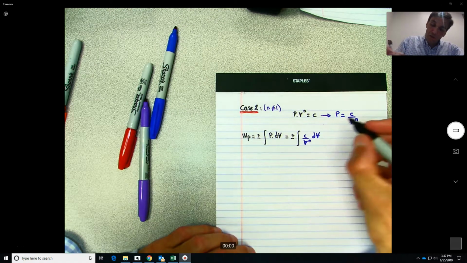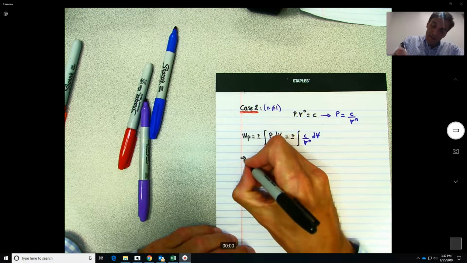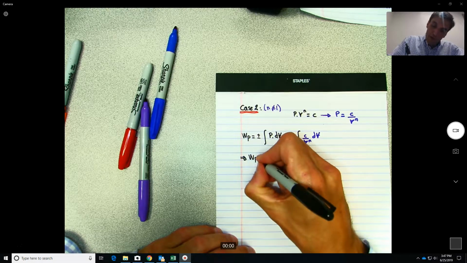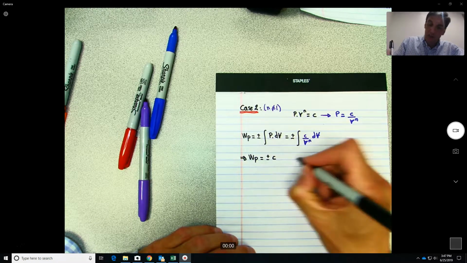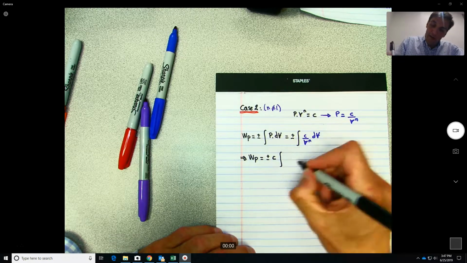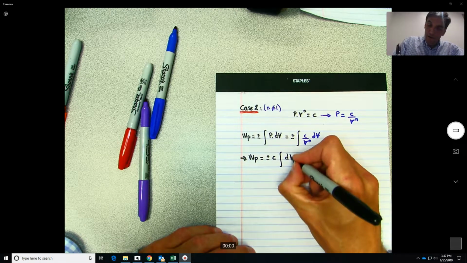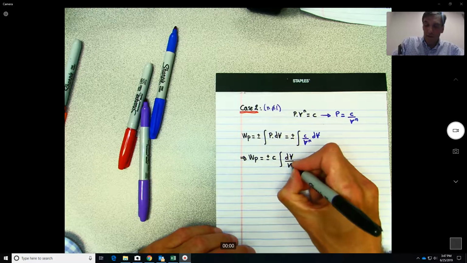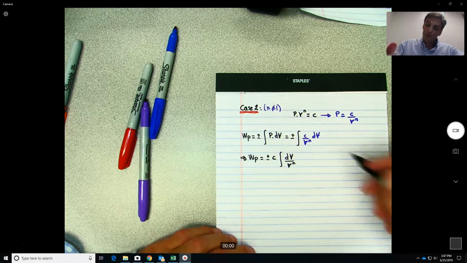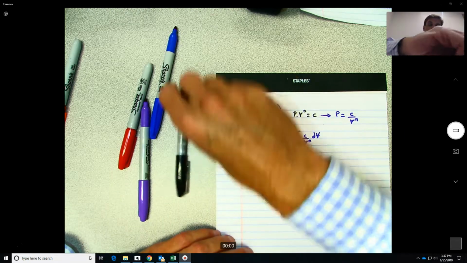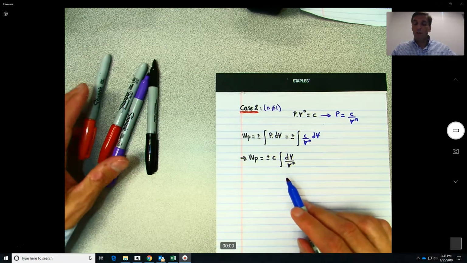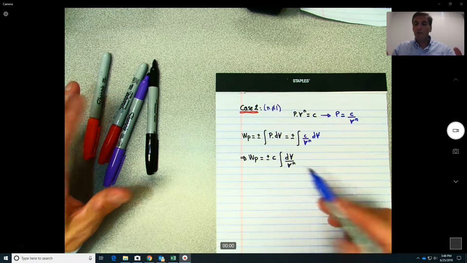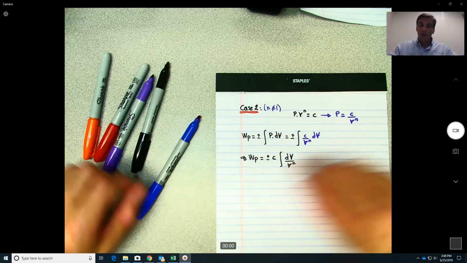Okay, so we can just rewrite this as work done by the pressure equal to plus minus C, I put it outside the integral sign, of dV over V^n. Okay, so over here, I know you know how to do this integral, but just because of the way it's written, sometimes you get lost.